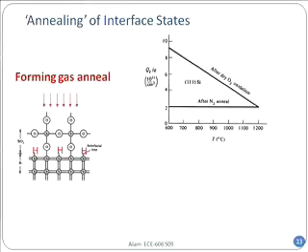Now this process is very important, and first of all, this will reduce it by a tremendous amount. But even before you bring in silane, the growth of silicon dioxide generally has to be done at a very high temperature.